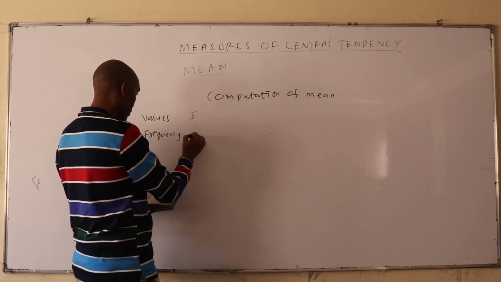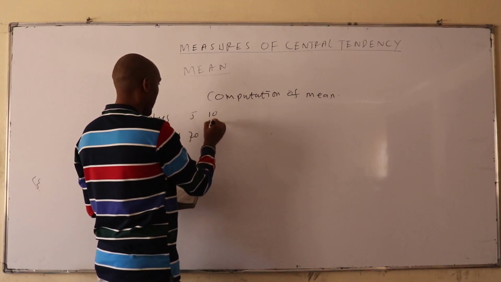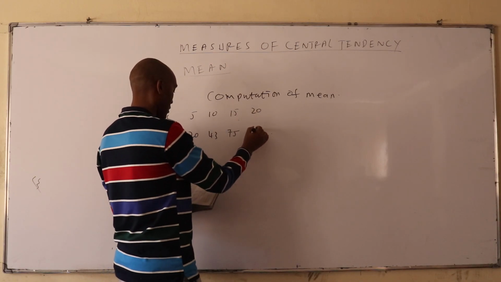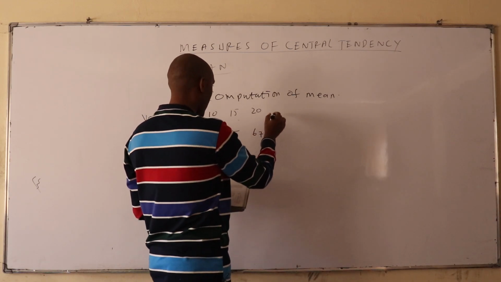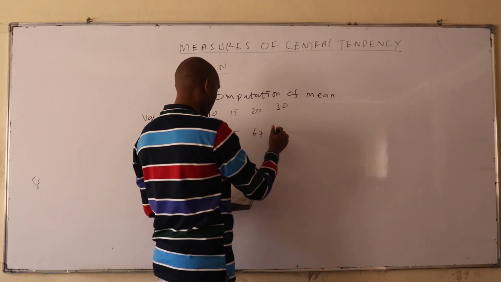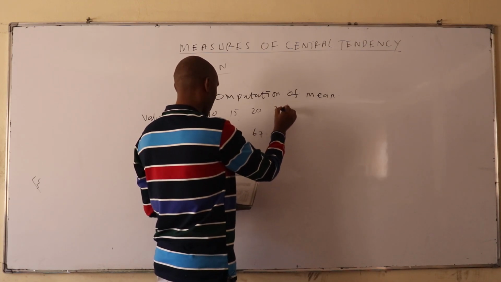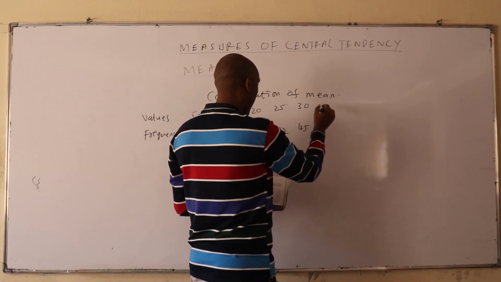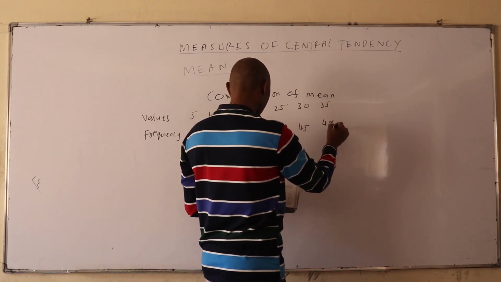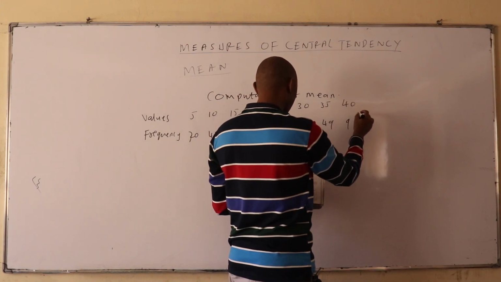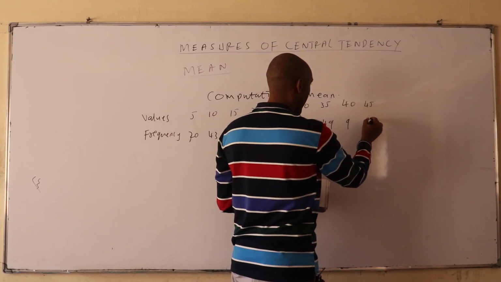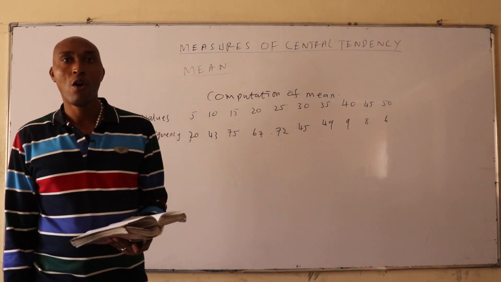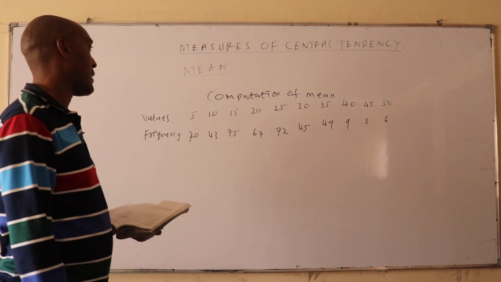So 5 has 20, 10 has 43, 15 has 75, 20 has 67, 25 has 72, 30 has 45, 35 has 39, 40 has 9, 45 has 8, 50 has 6. So that's an example of a grouped data discrete series.